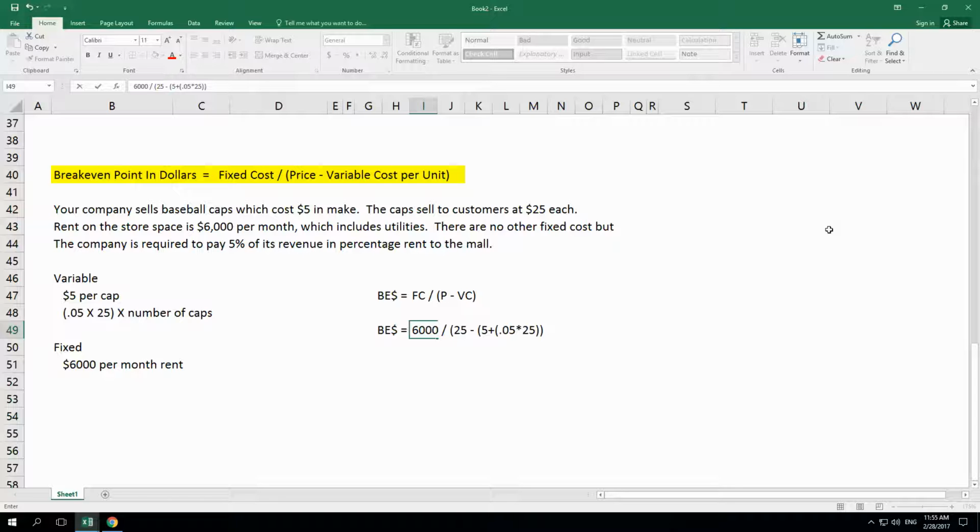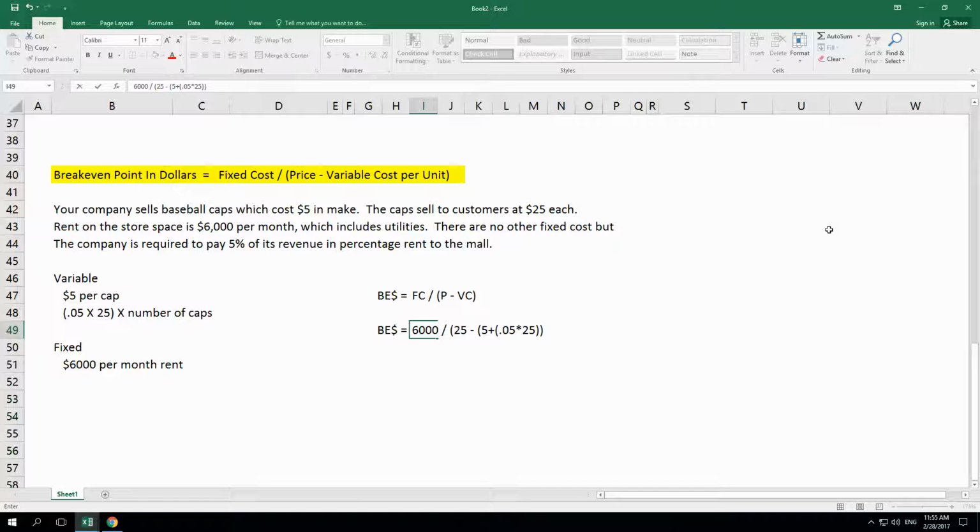Does that look like it works? What's missing? Is it as simple as saying 5% times 25? What about the number of caps? That's what we're solving for, right?